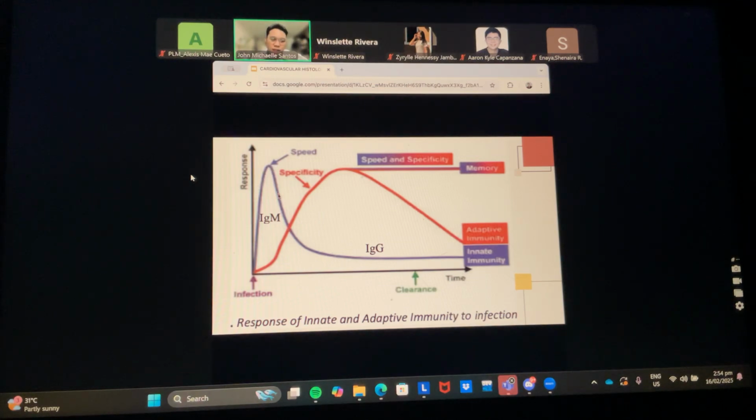And then after about two days, it will decline, and then disappear. When IgM disappears, that can be a marker that you are recovering, okay? For IgG, usually it appears when you are really recovering, okay? And then it can be triggered by memory. So if the second time around you are infected with the same infecting substance, you don't need a very long exposure, because IgG is already there waiting.